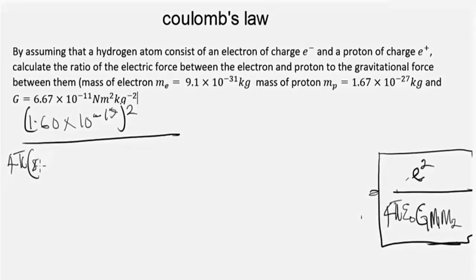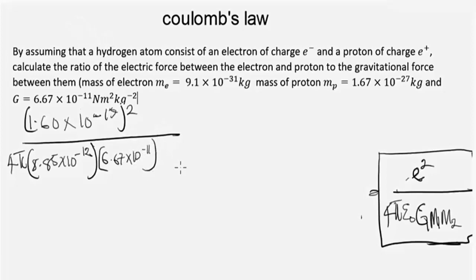Remember that our epsilon naught is 8.85 times 10 to the power of minus 12. Then times our G, the universal gravitational constant, which is 6.67 times 10 to the power of minus 11.